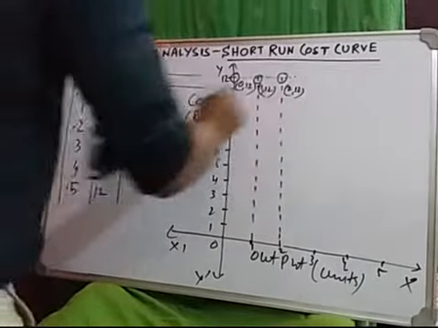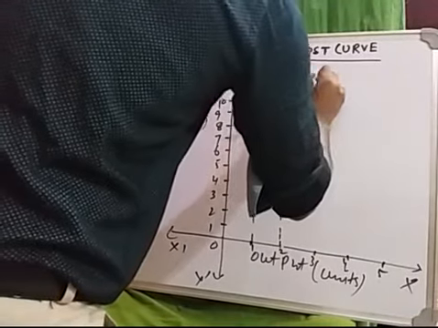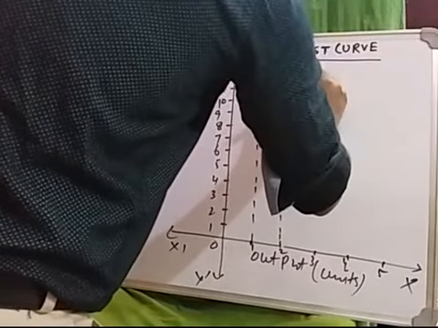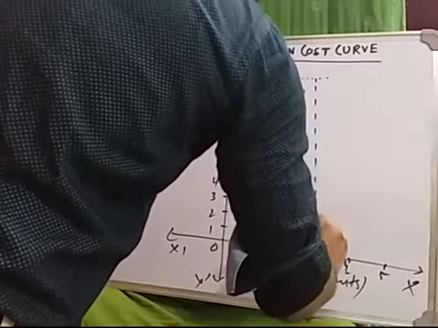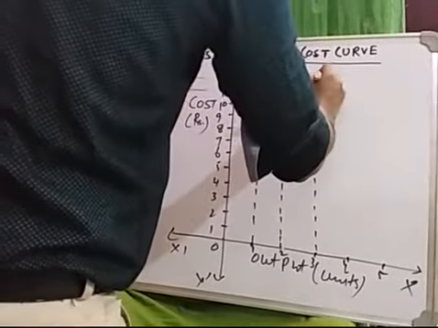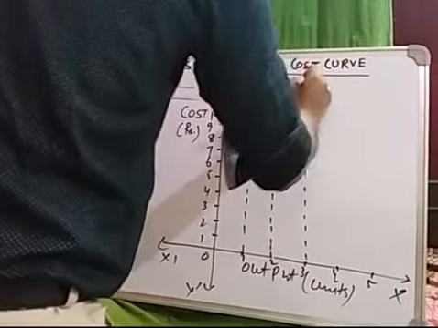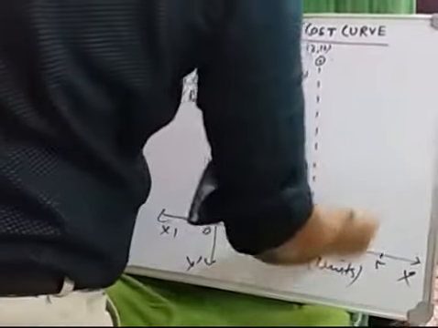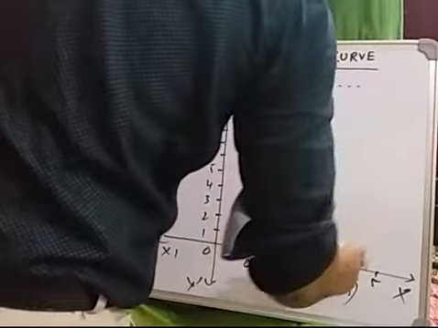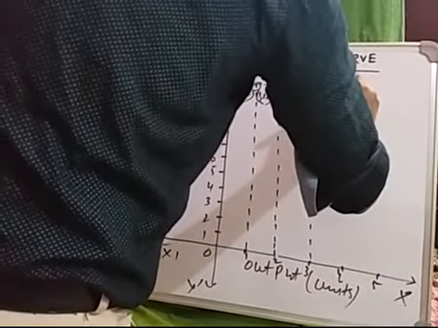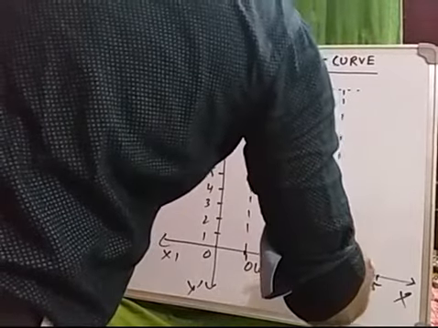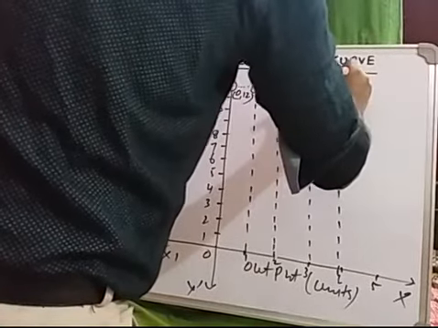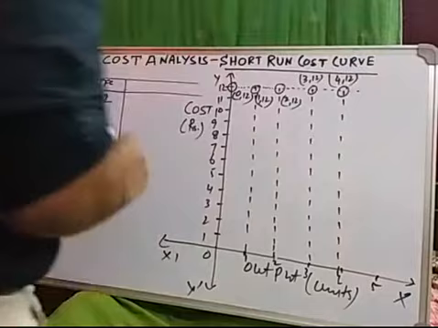Again, when you are producing 3 units, the point is 3, 12. Again 4, 12: if you produce 4 units, you have to pay 12 rupees, because this is fixed in nature.